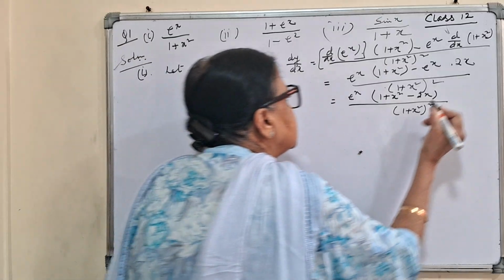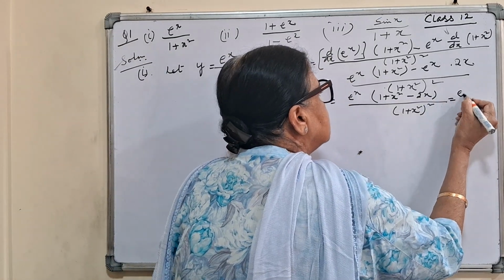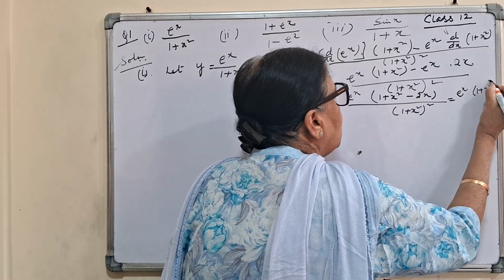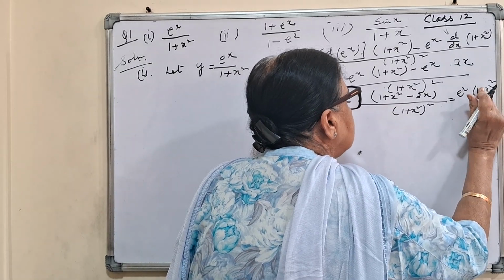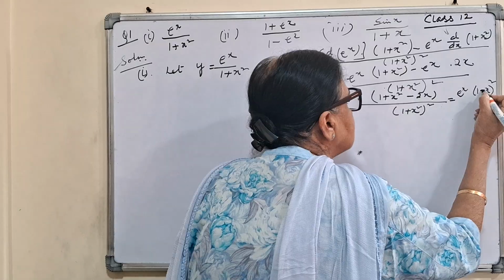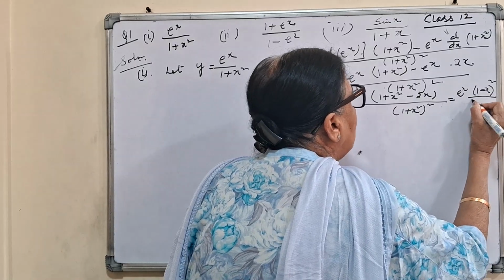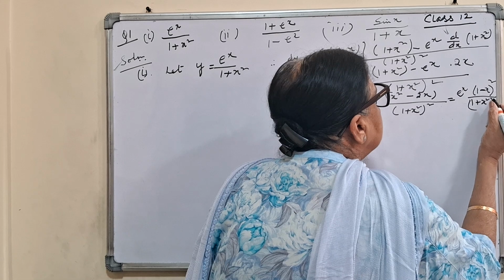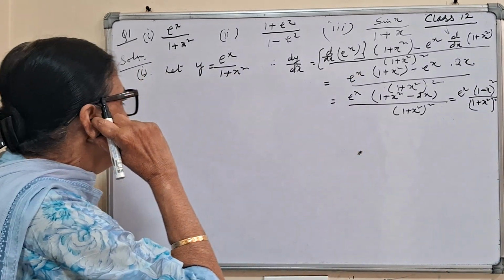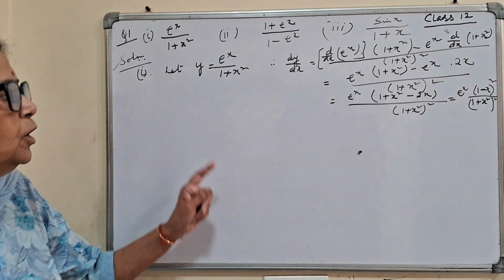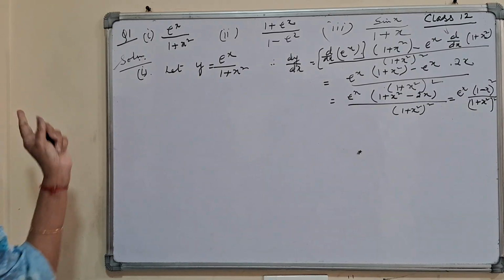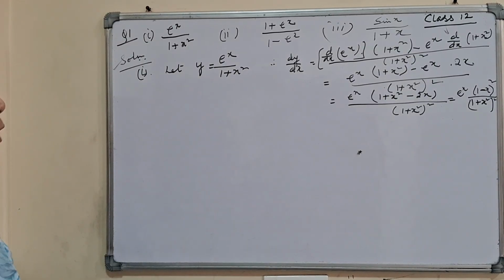So it becomes e raised to the power x into (1 minus x) whole square, divided by (1 plus x square) whole square. Now, have you followed? Yes, I have done it with the rule. I have used the rule.